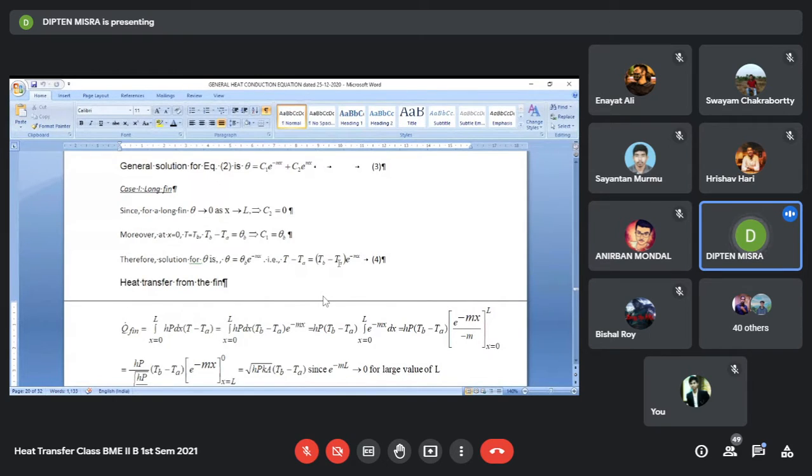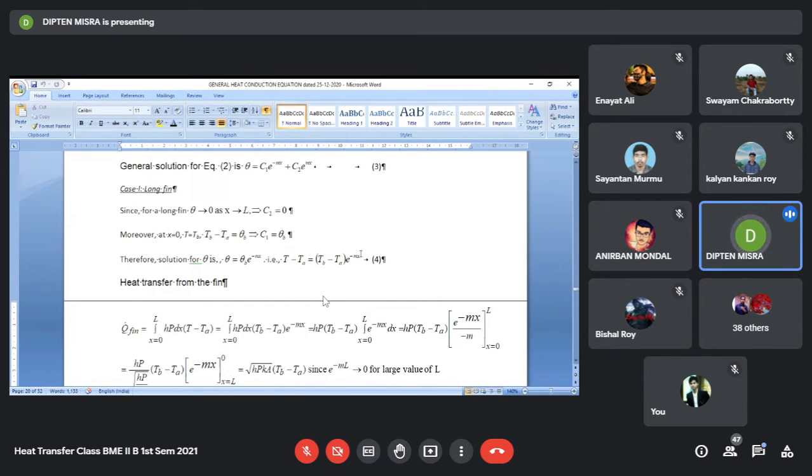Now if you plot this, you see that at x equal to 0, the right hand side will be TB minus T ambient. So T at x equal to 0 will be equal to TB. That is also expected from the boundary condition at x equal to 0. And as we have a higher and higher value of x, that is, as we move away from the base, what we will see is that this value will be smaller and smaller, because this is nothing but 1 by e to the power mx.